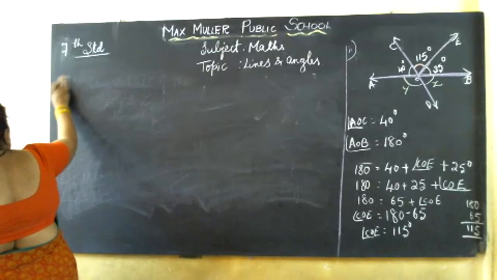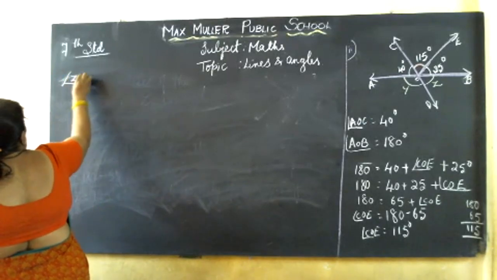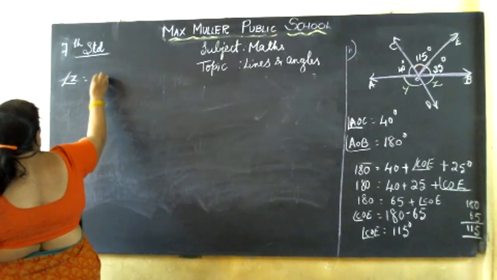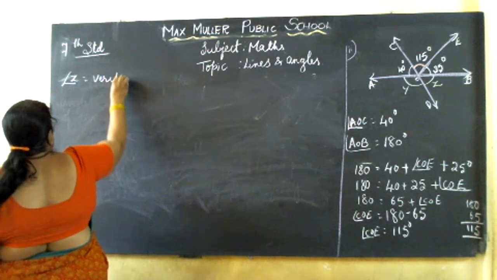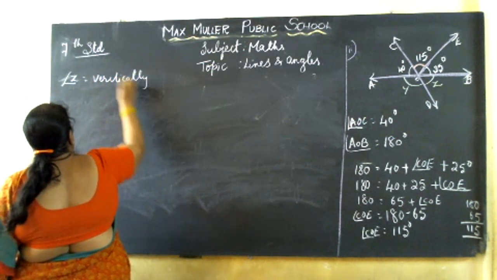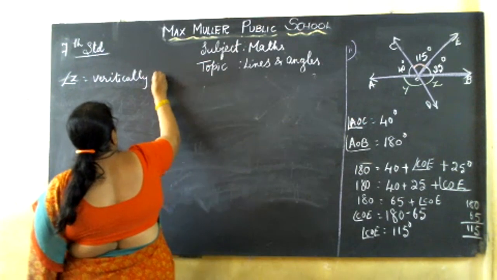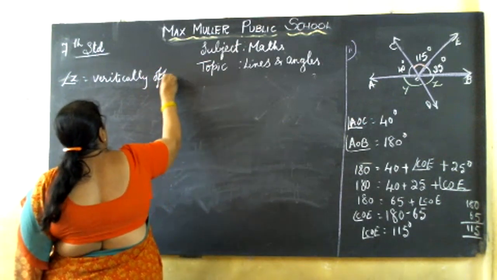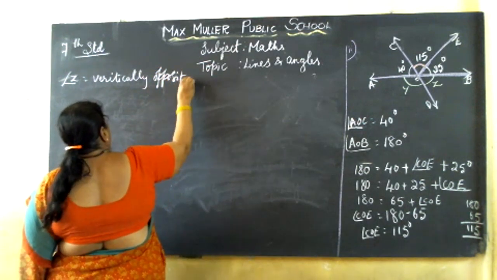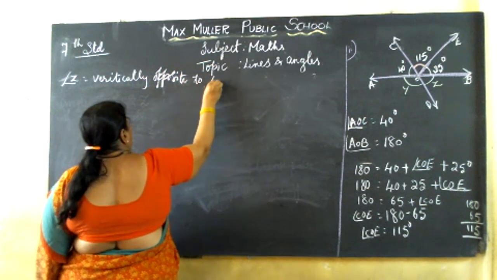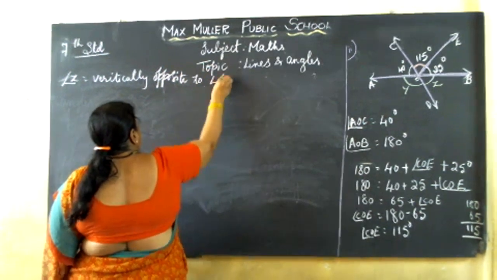Angle Z is vertically opposite to angle 40. Isn't it?